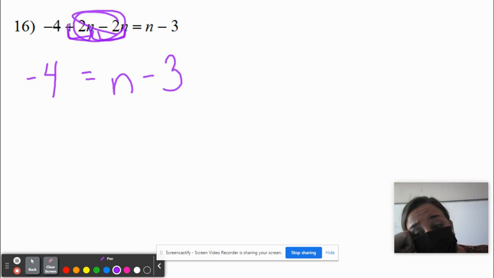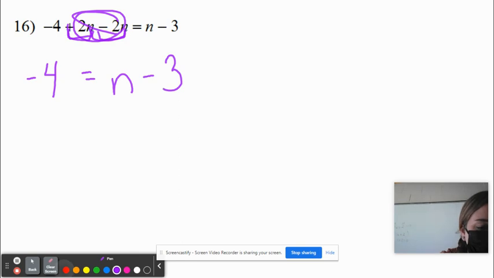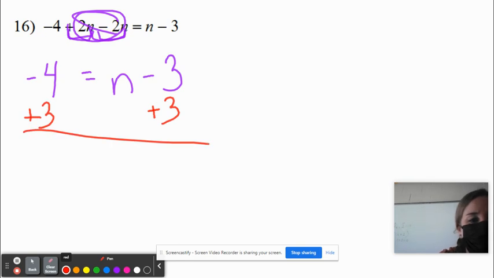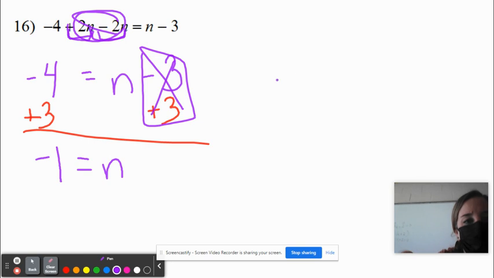Let's get our constant terms on the left. So this negative 3, we'll add 3 to zero it out. All right, negative 4 plus 3. You owe me 4, you have 3. And these disappear. Final answer.